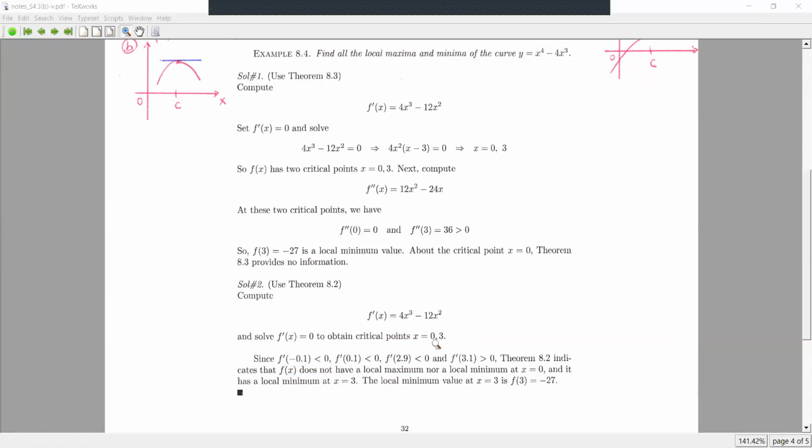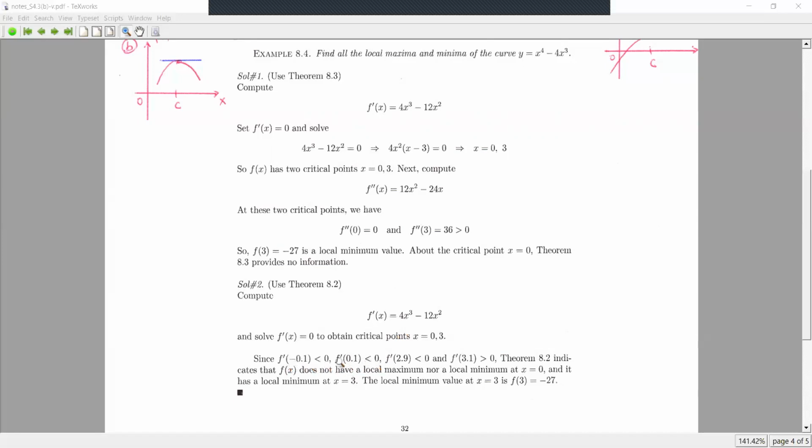To the right of 0, I pick a point close to 0, say 0.1. Plug in 0.1 for x here. Then again, the derivative at 0.1 is negative.